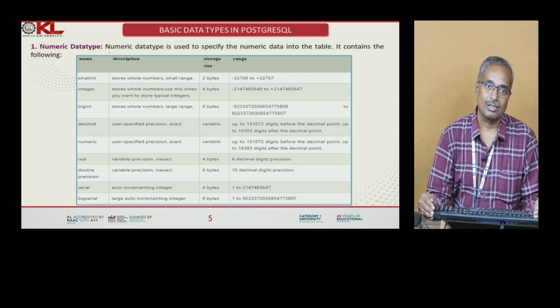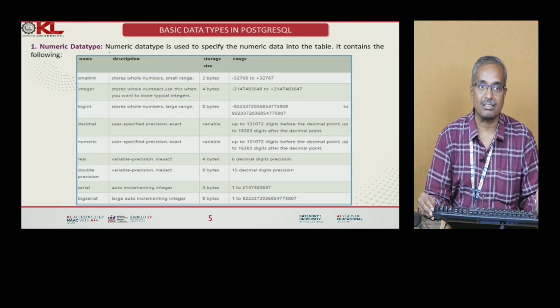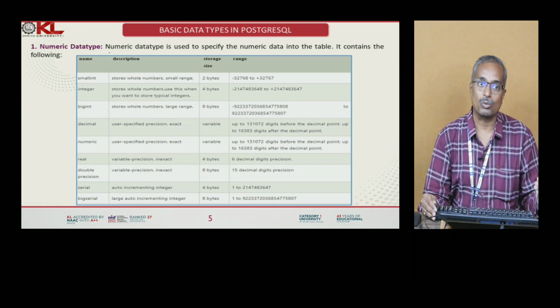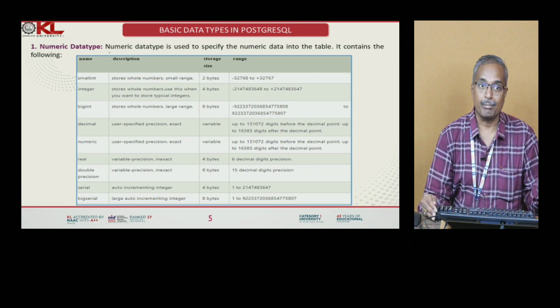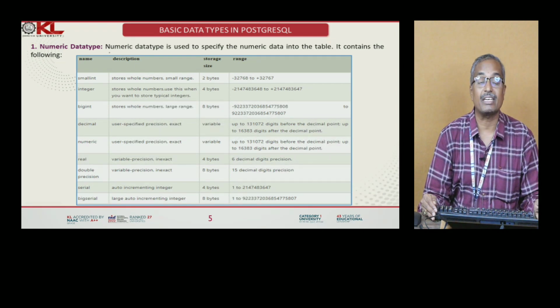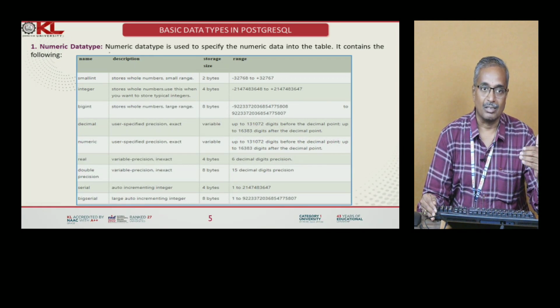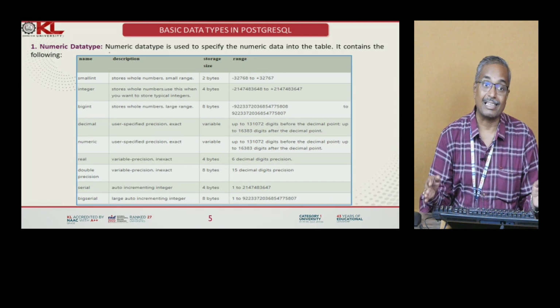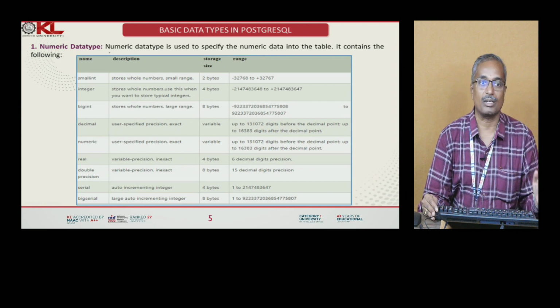Dear students, you can compare these data types with Java or C language. In Java also we have small integer, integer, and big integer is also there, but it is not a built-in data type in Java. It is defined as an object in Java, but here if the length of the numeric value is big, then we can use big integer.